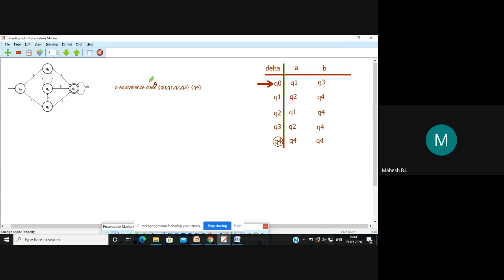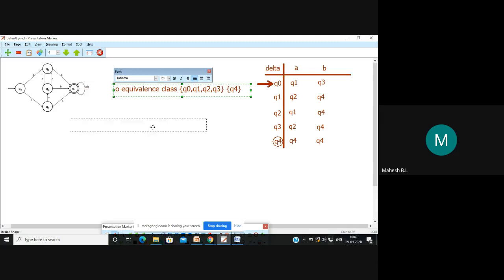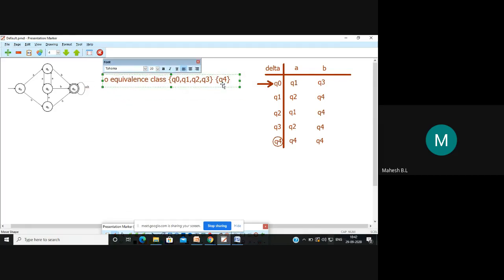In the class of Q4 there is only one element, so it cannot be partitioned. Now we concentrate on the other class. For Q0, Q1, Q2, Q3, we check whether they are distinguishable or not.